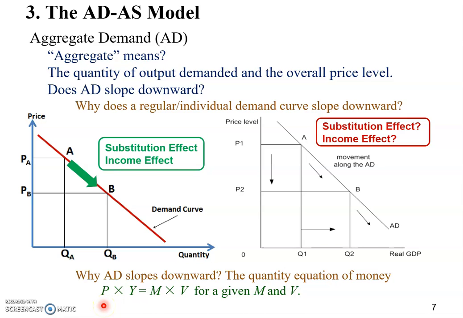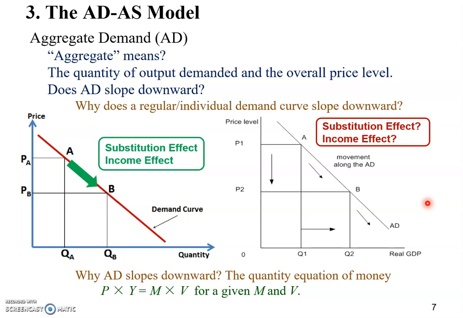With a lower P, the only way the two sides of this equation would still hold equal is to have a greater Y. In other words, when the overall price level gets lower, the output of goods and services should be higher, so that eventually P times Y stays constant. This is why, when we look at the AD, we believe it still slopes downward.